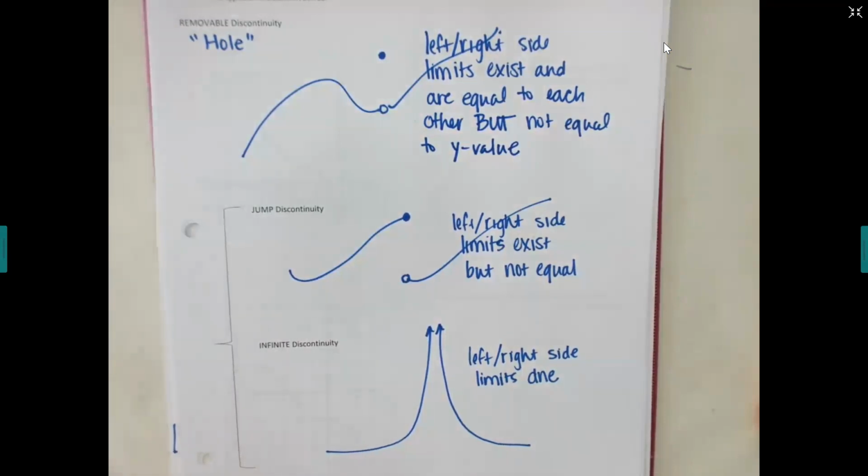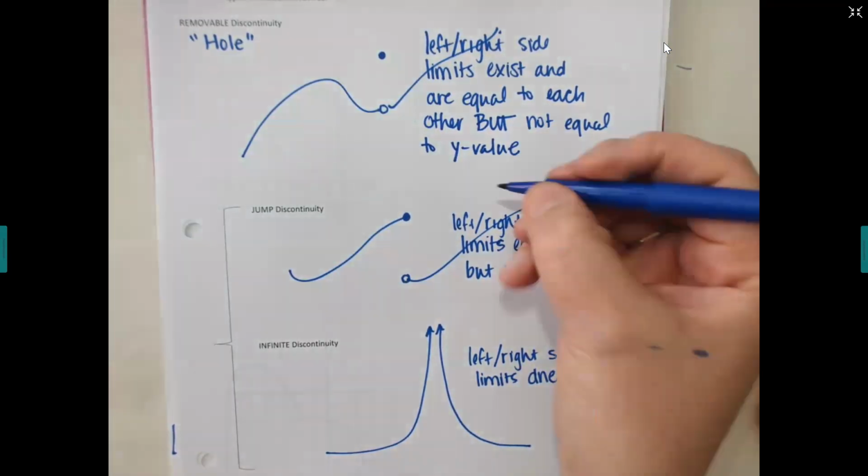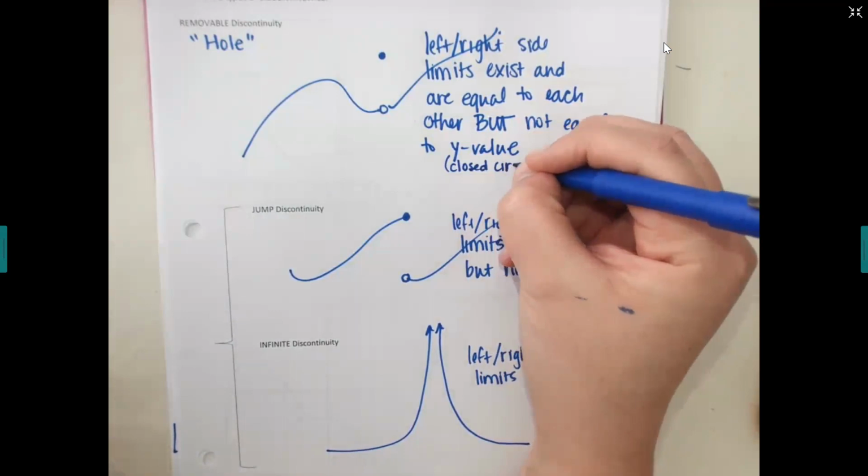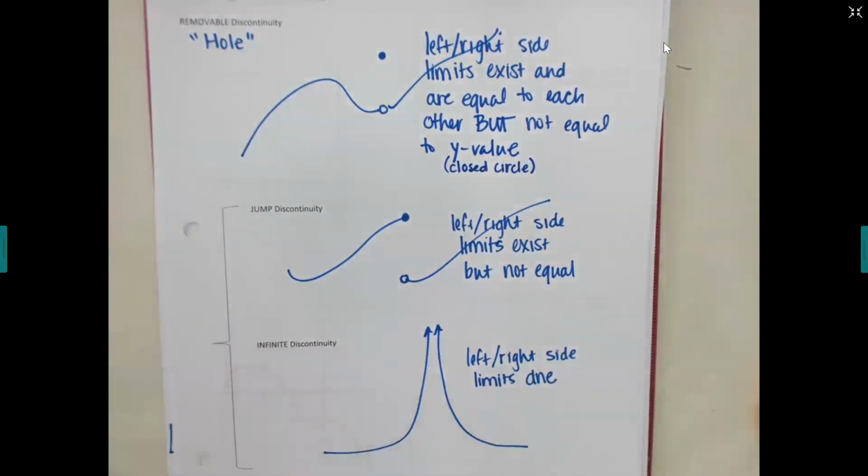Remember that when we did our homework on this, your Y value has to be a closed circle. So I'm going to put underneath that a Y value is referring to a closed circle.